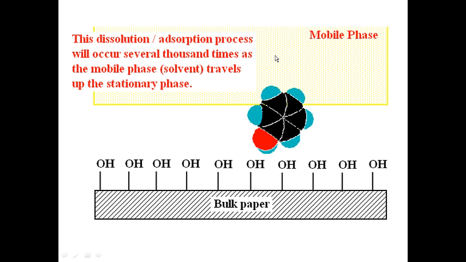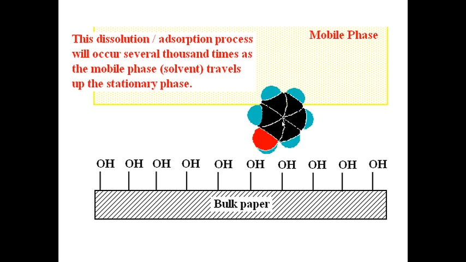So the dissolving and adsorption process occurs thousands of times as this material moves up the plate. And if each component partitions itself between the stationary phase and the mobile phase differently because it has a slightly different polarity and therefore slightly different intermolecular forces, then over the course of this equilibrium, the components will stay stuck to the stationary phase a different amount of time.